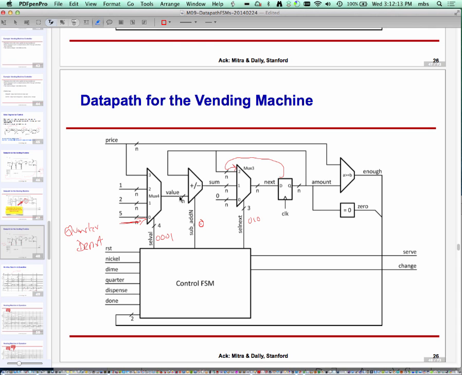So every time I have dispensed a can, I'm going to subtract the amount of the price from the money, so that I have the amount of money remaining, and then I will dispense nickels corresponding to that, the change. So basically, once the can is dispensed, I subtract the price away to get the remaining money, the money I owe, and then from that I'm going to keep subtracting nickels until I hit 0.